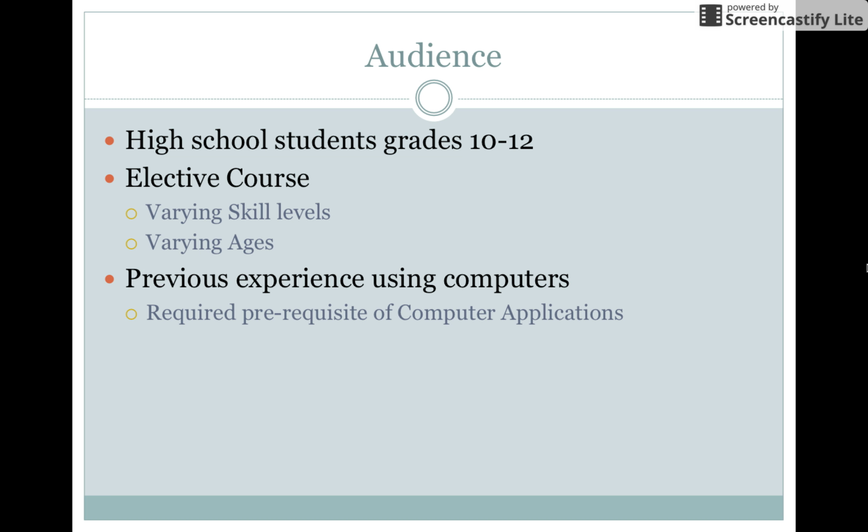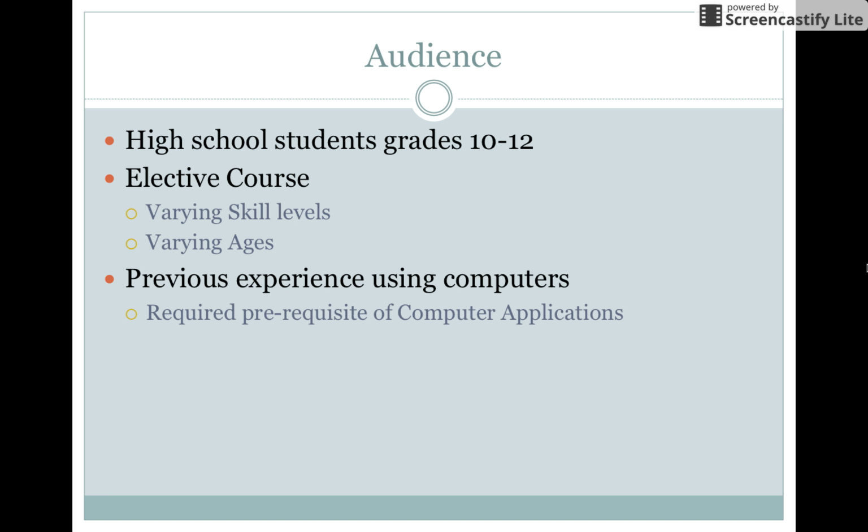We have our AP students all the way to our special needs students, and then 15-year-olds all the way to 18-year-olds. So we have a wide range of students, and that's what I love about an elective course, though. Everyone gets to learn and interact with all different kinds of people.